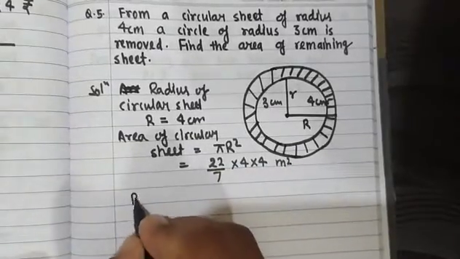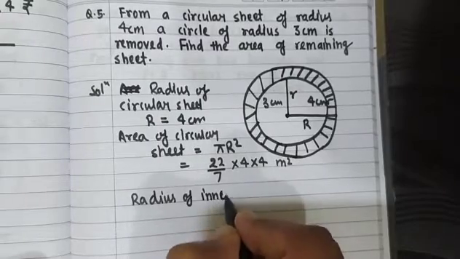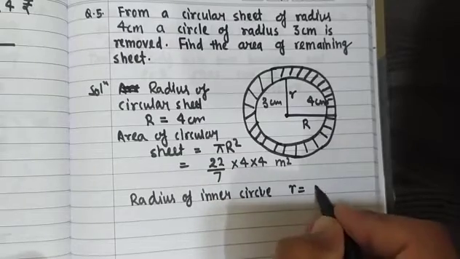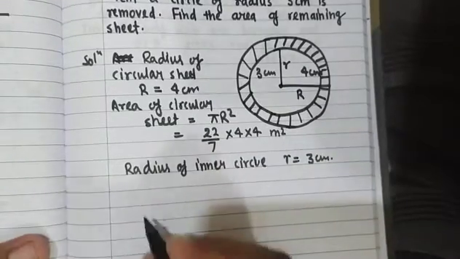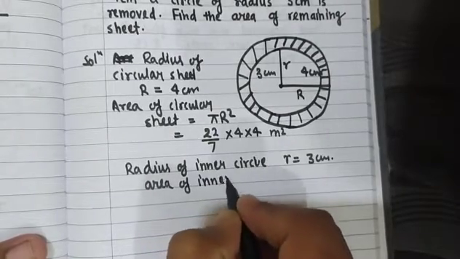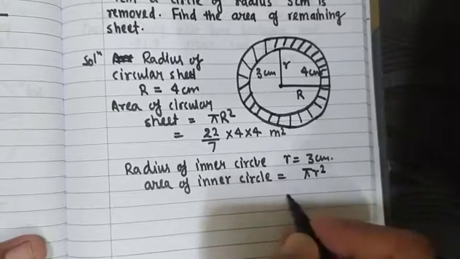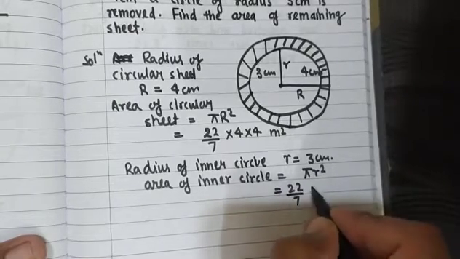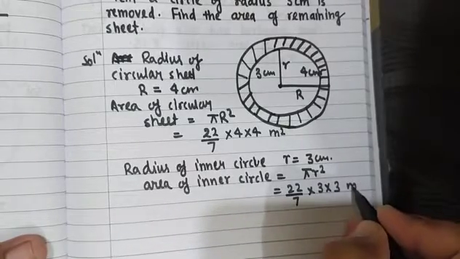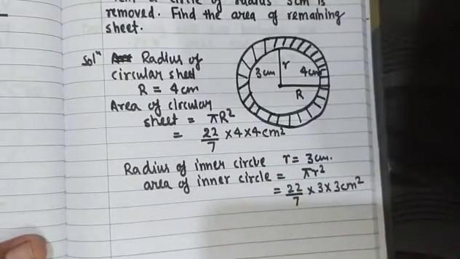Now radius of inner circle which is removed, that is small r is equal to 3 cm. So area of inner circle, that will be pi r square, 22 over 7 multiplied by 3 into 3 centimeter square.